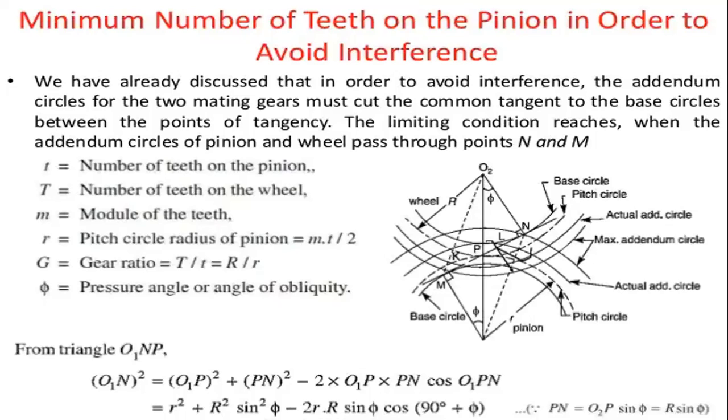Now we are going to use the same Pythagoras theorem here. Hypotenuse square is equal to side square plus side square. So O1N square is equal to O1P square plus PN square.